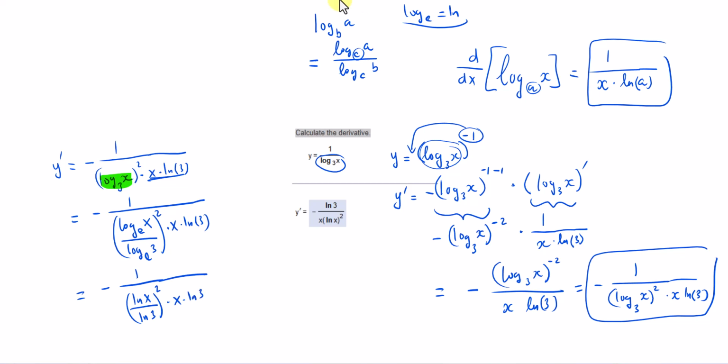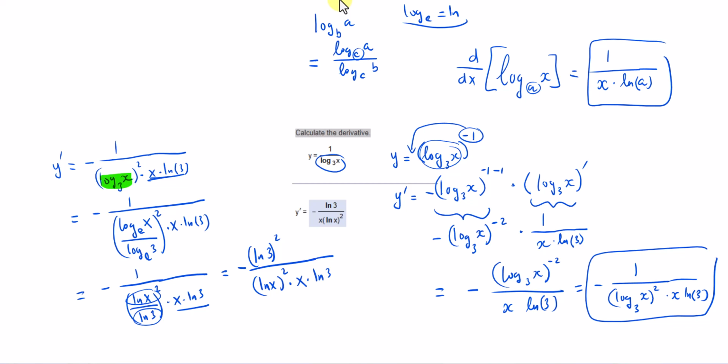Now when you divide by ln of 3, you can flip it upside down, right? Change that to the numerator, and you still have the square outside, and then at the bottom you still have ln of x squared, and then multiply by x and ln of 3, right?